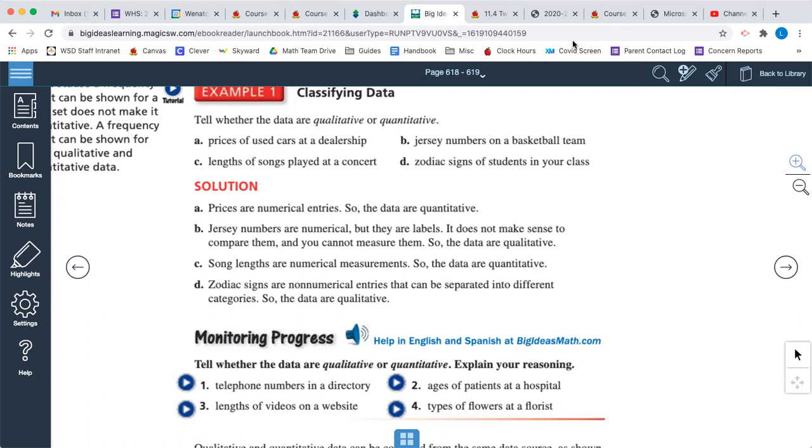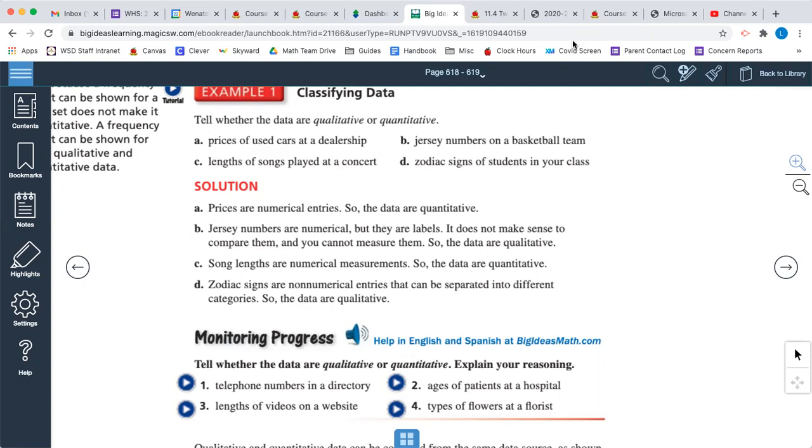And finally, telephone numbers in a directory. This is another interesting one because the telephone numbers in a directory are numeric, they're numbers, but it doesn't really make sense to take an average of those numbers. Because if you found the average of them, what would that actually tell you?